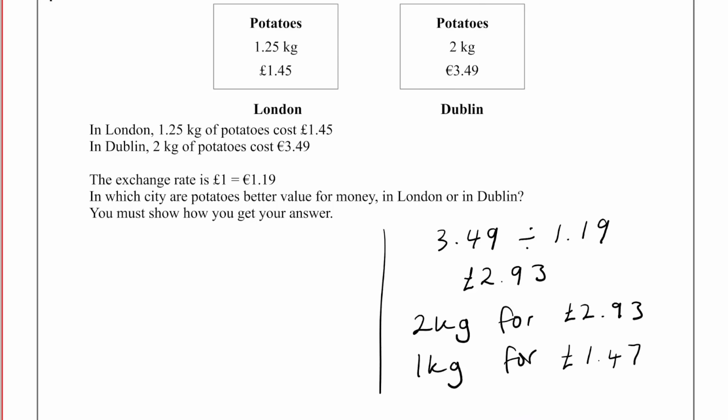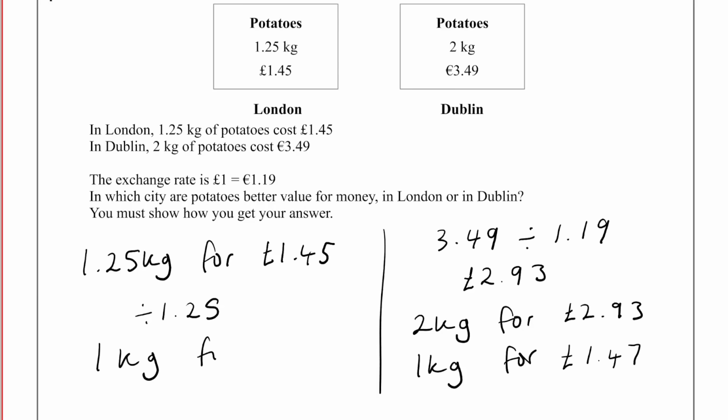In London, we know we get 1.25 kilograms for £1.45. So we can see that this is going to be better value for money. I'm going to make them 1 kilogram though still. So if we divide by 1.25, we will get 1 kilogram.